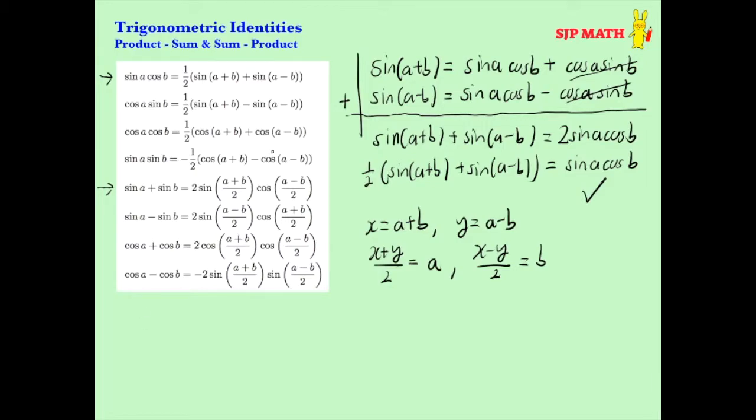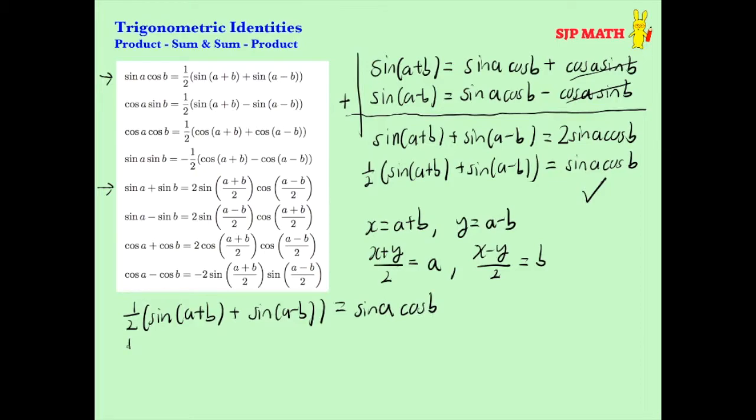So we're going to write this equation again. Half of sine of a plus b plus sine of a minus b is equal to sine of a times cosine of b. And we're going to substitute these values into here.